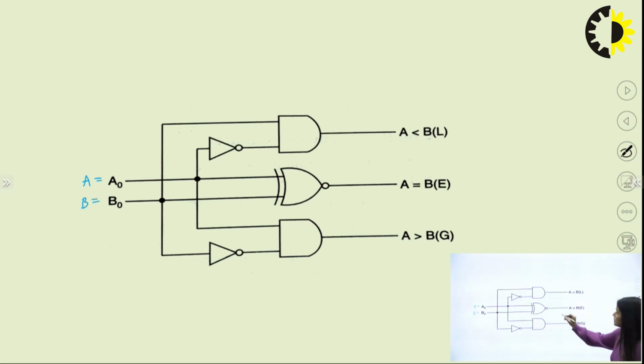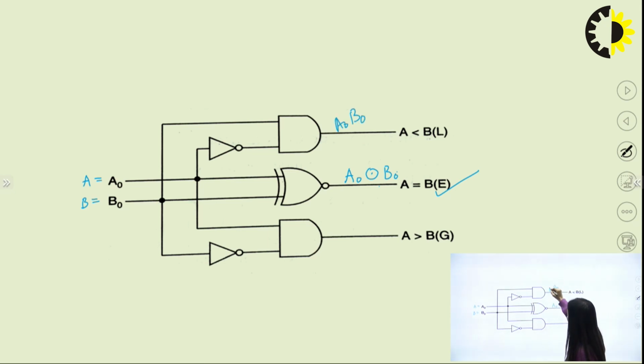A naught XNOR B naught is the equal case, B naught A naught bar is the less case, and B naught bar A naught is the greater case. So there are 3 cases which we need to define.